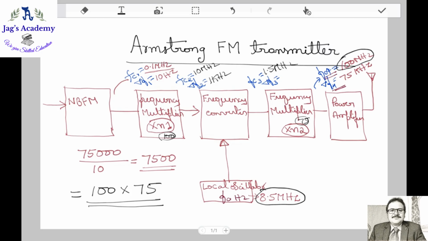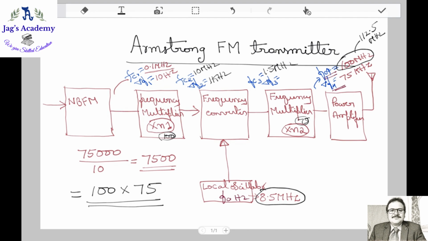Now, what is the requirement here? The requirement here is 100 megahertz. So here you have 1.5 megahertz, so FC4 is equal to N2 times 1.5 megahertz. What we have taken as N2 is 75, so 75 into 1.5 megahertz gives 112.5 megahertz, which is not the desired one.